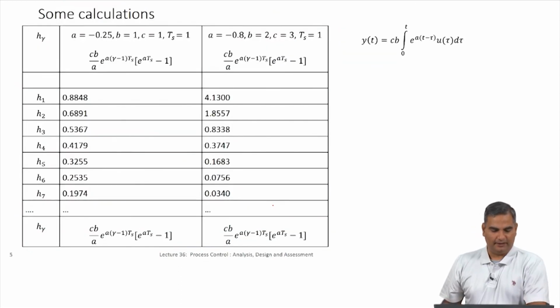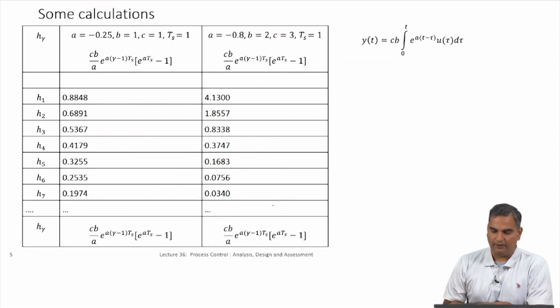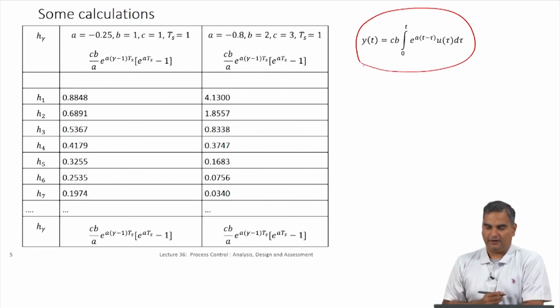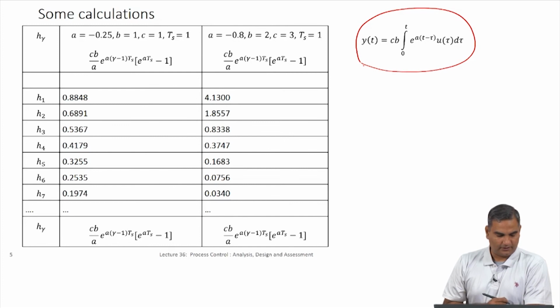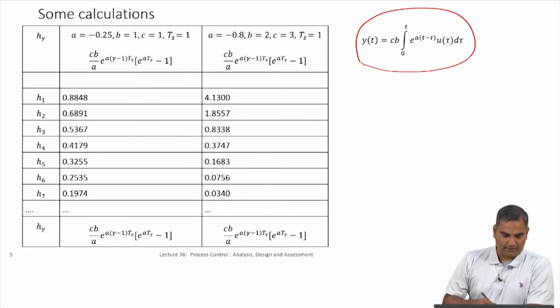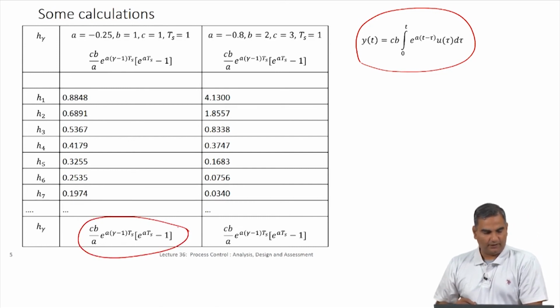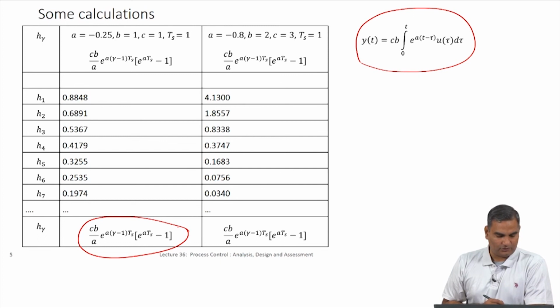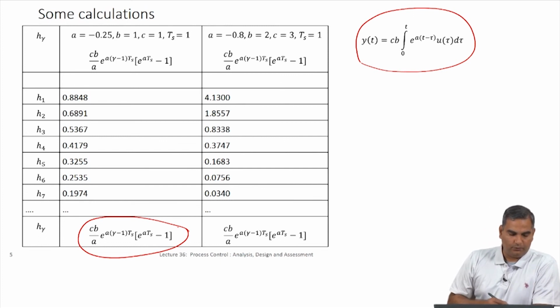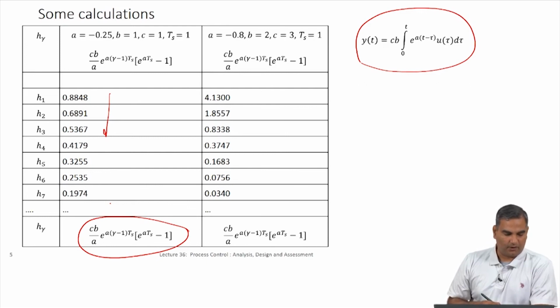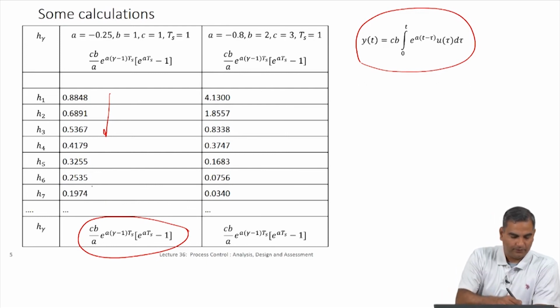So, let us take some examples to show you how this will work. I showed you the expression that we had derived mathematically. Now, when you convert this to this h gamma, the coefficient form, mathematically you can show that if you use this weighting, you will get an exact result. We will not get into that, but what I am more interested in showing is that as you compute h1, h2, h3 and so on, as you keep going down computing more and more coefficients for the model from this continuous model, you will see the numbers keep decreasing.